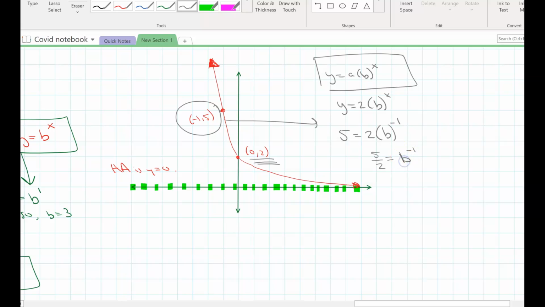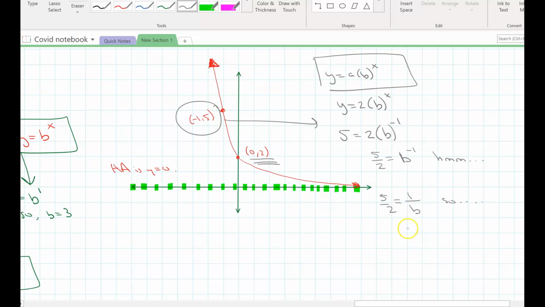I love this. Don't get lost in the details, everyone. We've got to figure out what b is. Well, maybe you're wondering to yourself, I just learned yesterday that b to the negative first means 1 over b, right? So how do I solve for b?